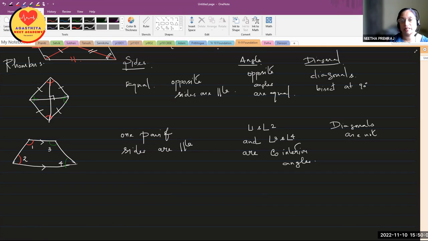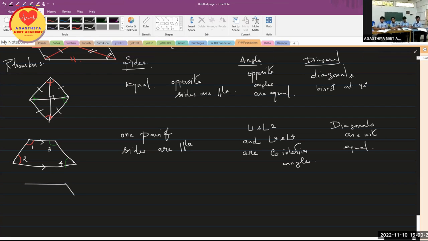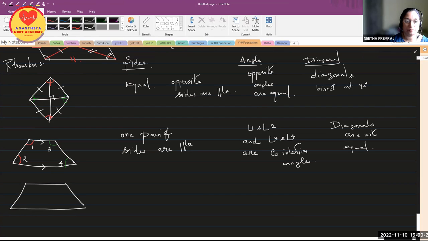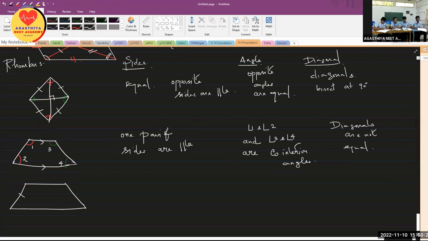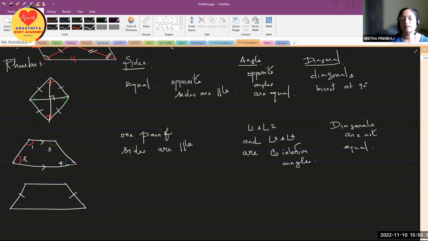Actually, there is one kind of trapezium. The name of the trapezium is isosceles trapezium. Have you heard the word? What does it mean, an isosceles trapezium? The non-parallel sides are equal, then that trapezium is called isosceles trapezium.